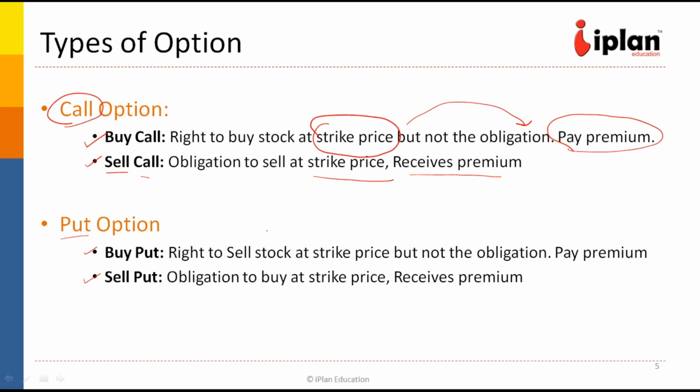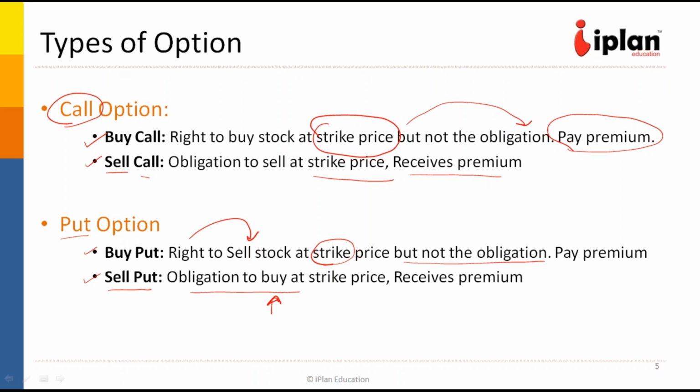Now we have put options. In put options, the buyer of the put contract has the right to sell the stock at the strike price, but no obligation to sell. If he wants to sell, he will sell. If he doesn't want to sell, he doesn't have to.